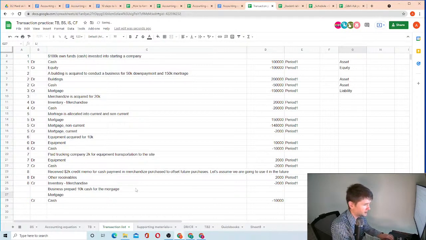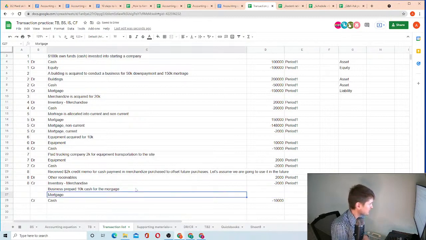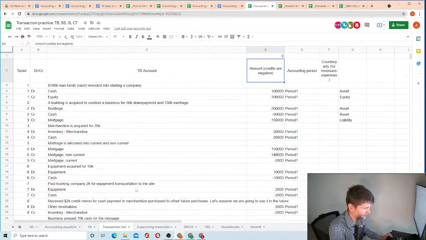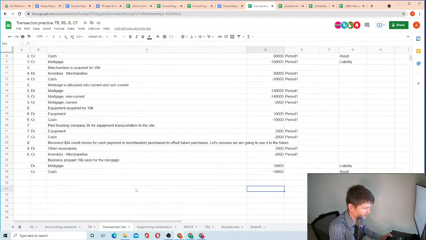Mortgage is a liability, and the mortgage decreased, so it will be a debit to mortgage, 10,000. That way our accounting entry will equal 0. Our books will balance because the total for everything is 0.